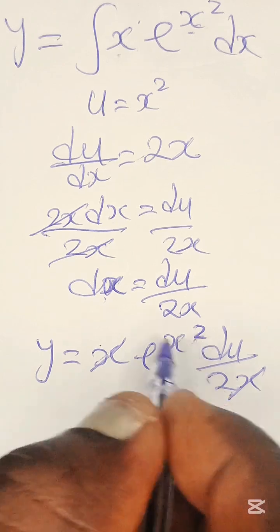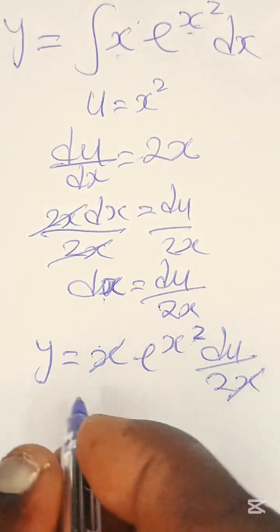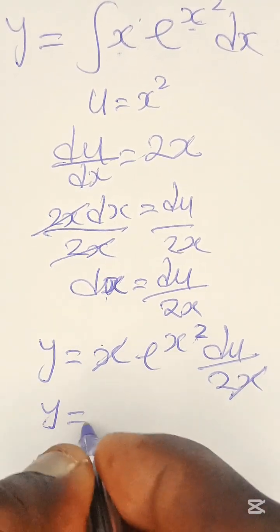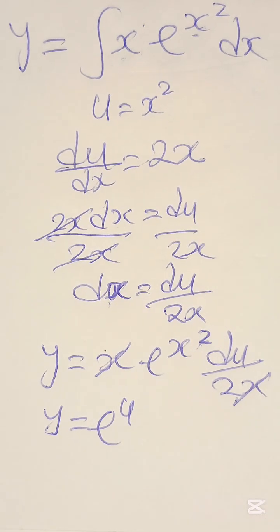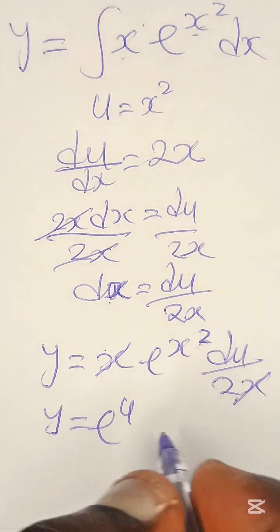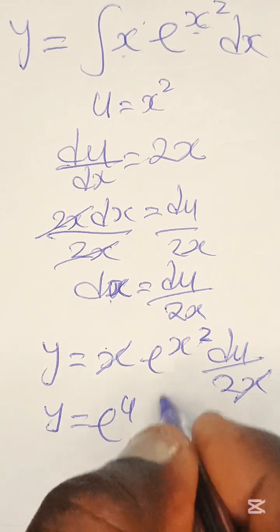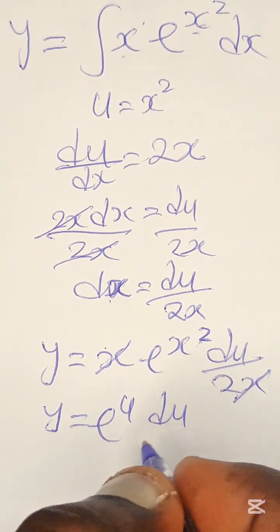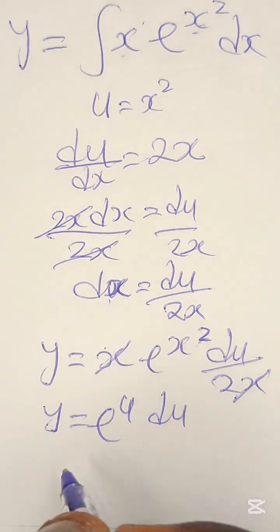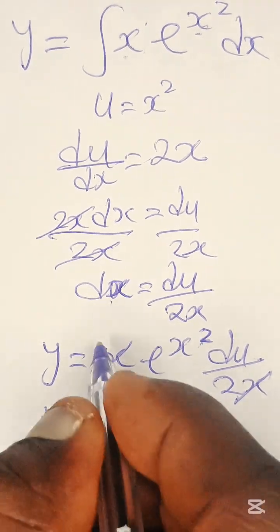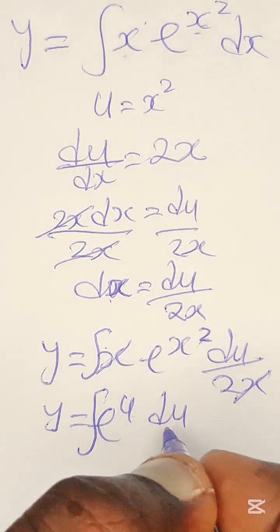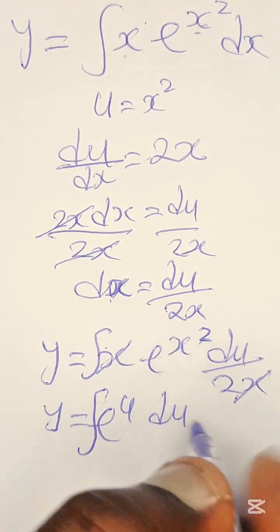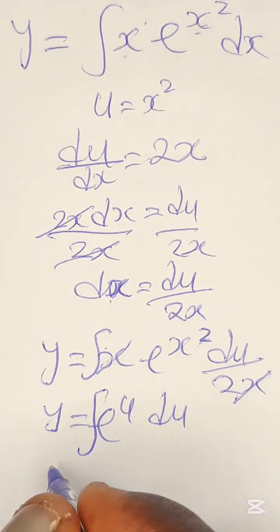And this x squared is u, so anywhere you see it, you put e^u. That is all. If you integrate e^u du, you will get back e^u.